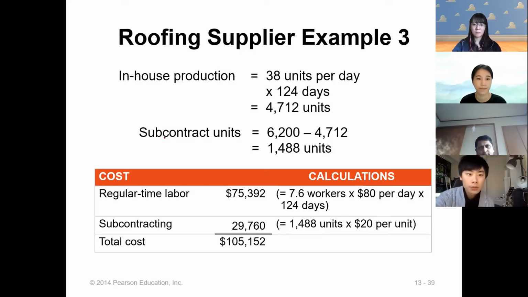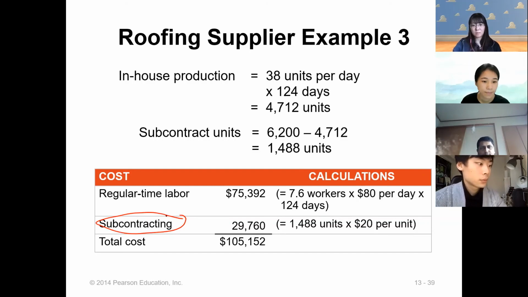So the next thing, the second strategy, is to use subcontracting. So we do the analysis like this. The first strategy is same workforce. Number 2, if I don't have enough, I'm going to subcontract. I only produce according to my capacity.